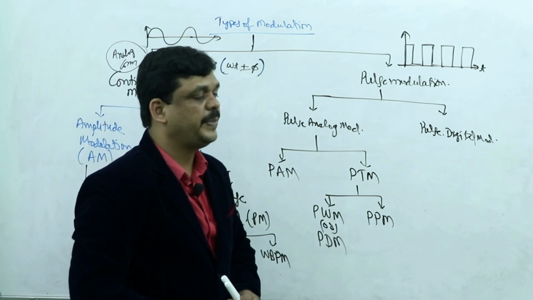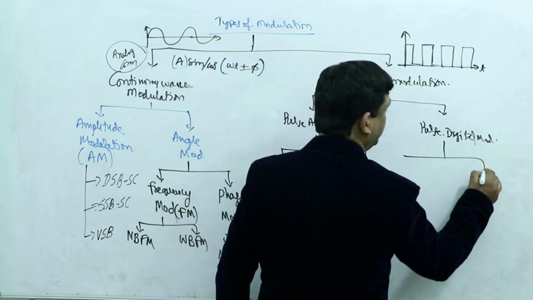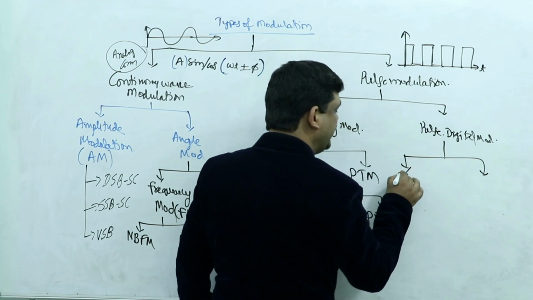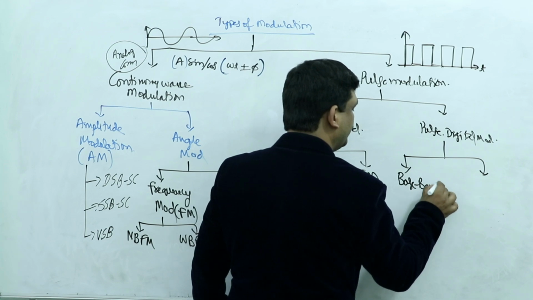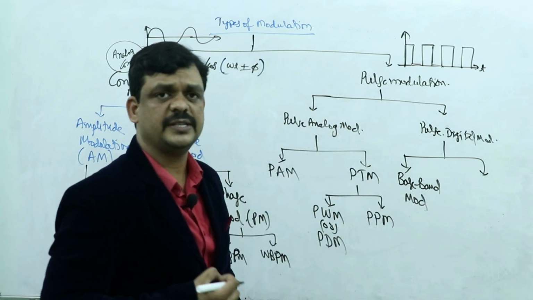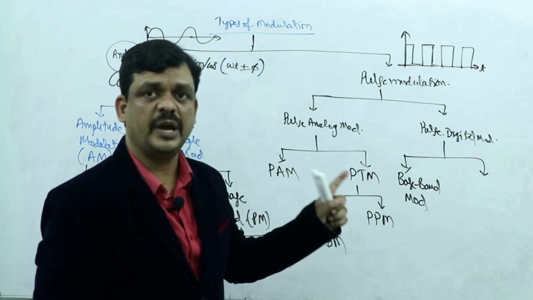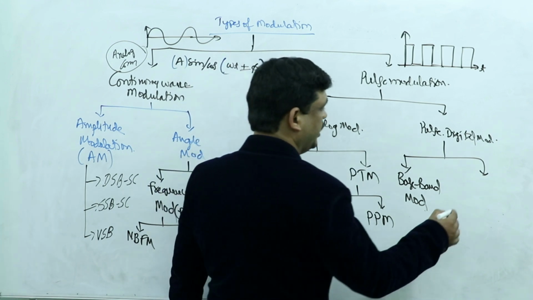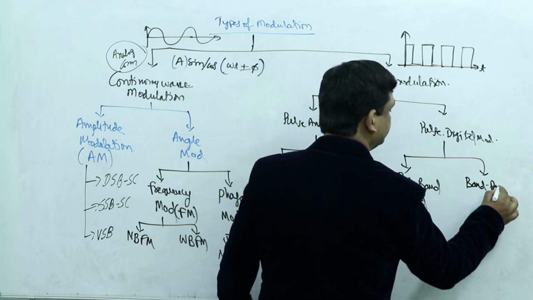And another topic is pulse digital modulation techniques. In pulse digital modulation, again two types are there. One is called baseband modulation. Generally we can write the modulation process types here, but this topic is specially used in digital modulation, that's why I am writing baseband modulation. And another modulation technique is band pass modulation.